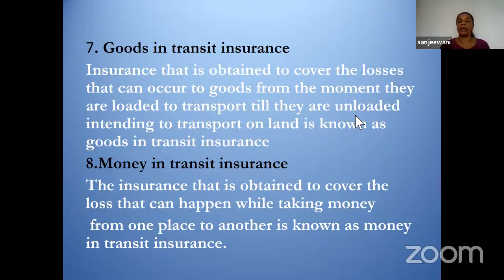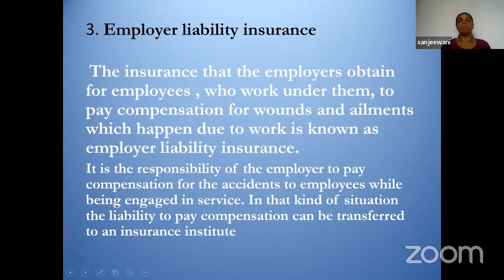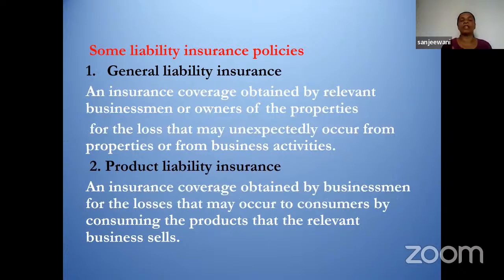Insurance coverage obtained by relevant businessmen or owners of properties for loss that may unexpectedly occur from properties or from business activities. That means if something has happened because of your property to external parties, you will be covered by this insurance. Now, what is product liability insurance?